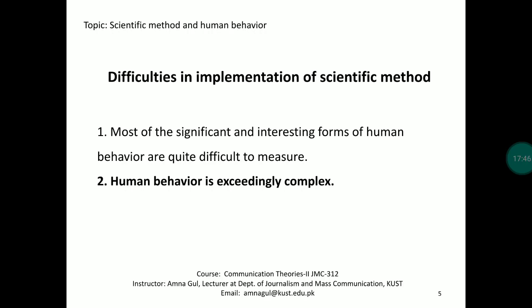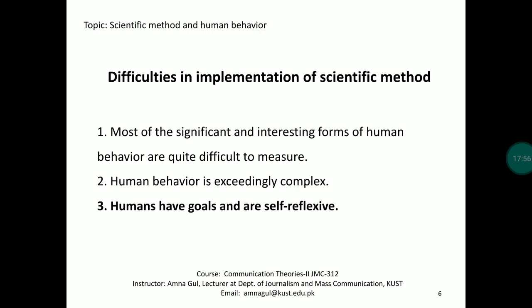Having said that, now let's move towards the third difficulty, which is that humans have goals and they are self-reflexive. We do not always behave in response to something that has happened.